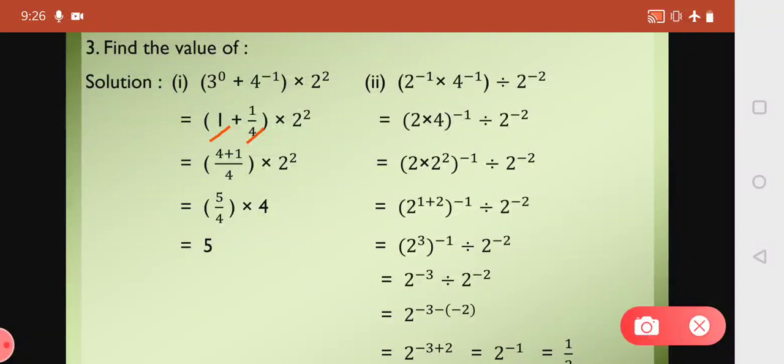Again as you can see, 1 plus 1 upon 4, we have to take the LCM, so we will write (4 plus 1) upon 4 into 2^2. That is 5 upon 4, and 2^2 is 4 only, because the square of 2, that is 2 into 2, will get 4. Here you can cut 4 and 4, so on simplification the answer is 5.